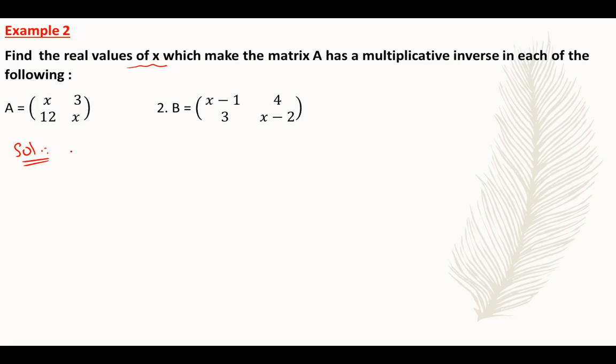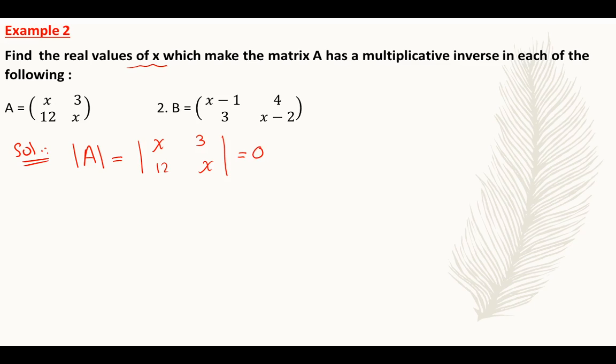First, we are going to find the value of the determinant of A. It will be x, 3, 12, and x. We will put the value of this determinant equal to 0.